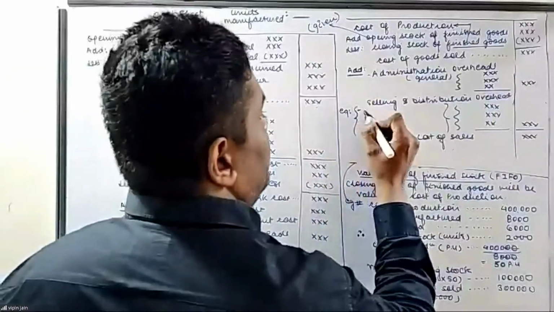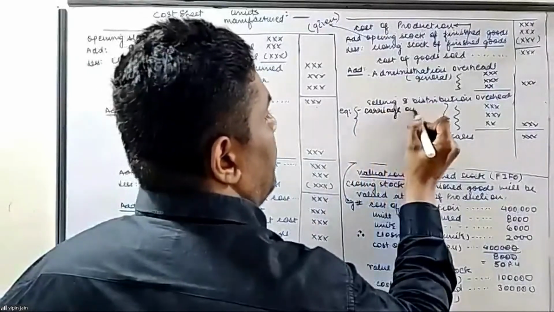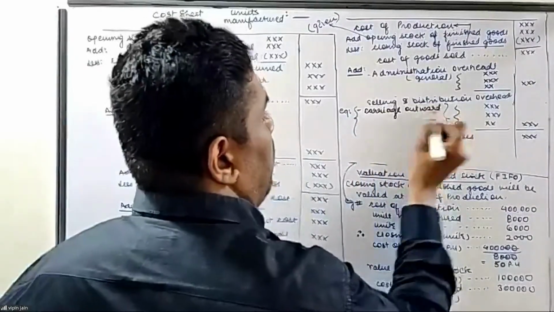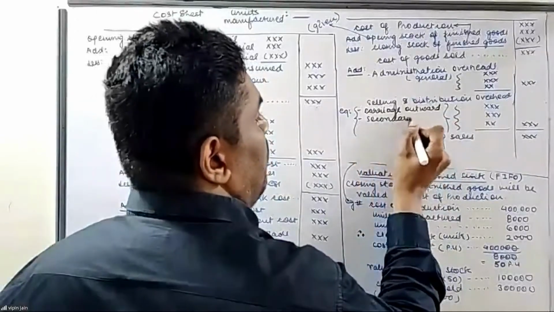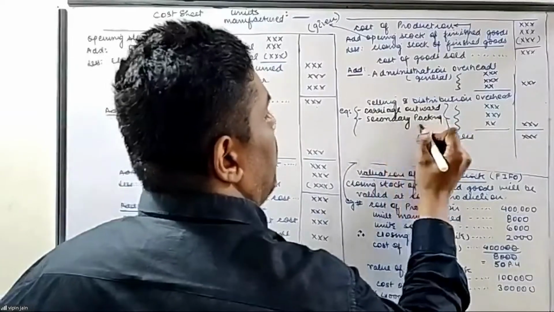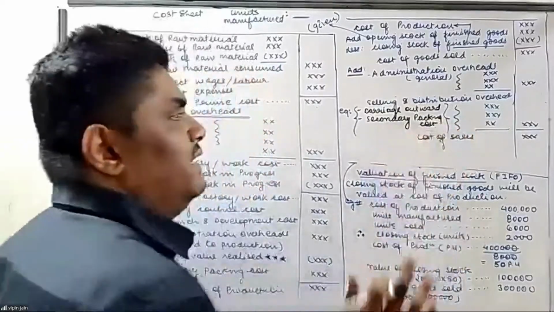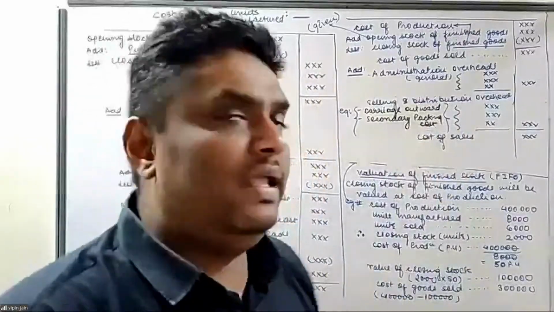So carriage outward, secondary packing cost, etc. Advertisement, depreciation on delivery vehicles, anything can come in this part.